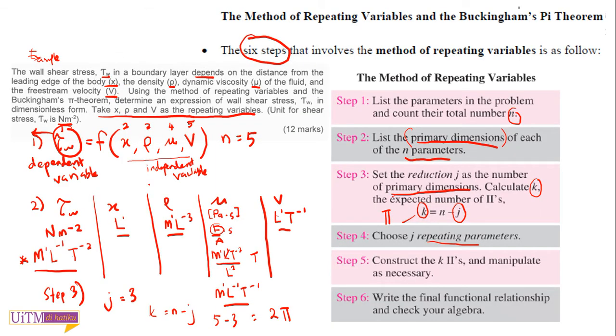So they ask you to take X, rho and V as your repeating variables. So this is our repeating variable, X, rho and V. So we will have two non-repeating variables, which is the tau and the mu. So this tau and mu are the non-repeating variables. The X, rho and V are your repeating variables.